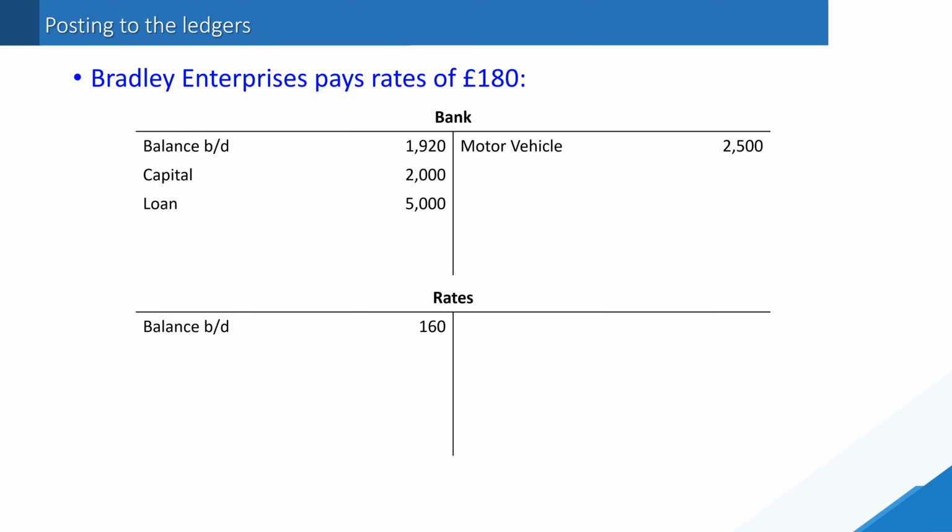The rates account records the balance brought down taken from that initial trial balance. Rates are an expense of a business, and therefore when we record this transaction, we will debit the rates account and we will credit the bank account. And we will always use the narrative of the name of the opposite account.